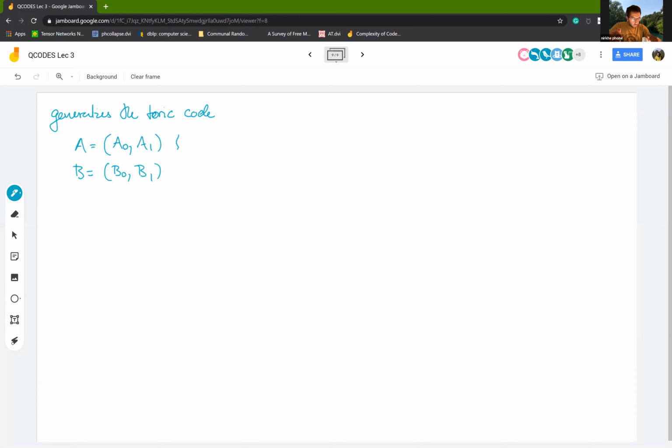I think of these guys as repetition codes. So the way I think of these guys is they look like the following. A repetition code is just the boundary map of this graph, of a cycle. So I think of this as my A0, A1, and also my B0, B1.